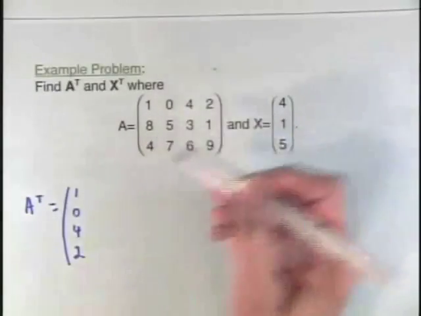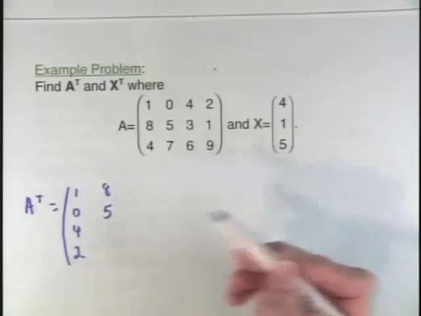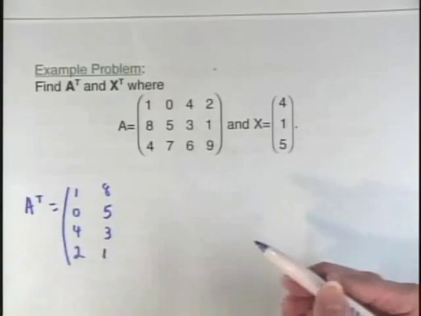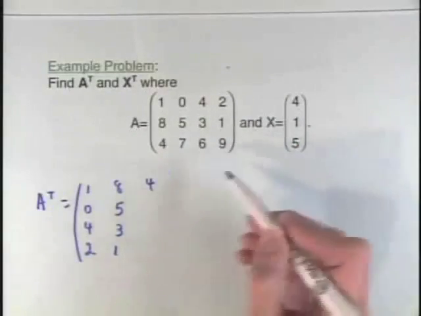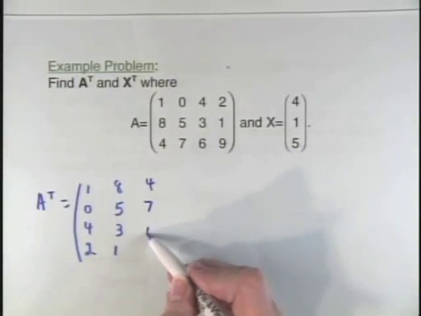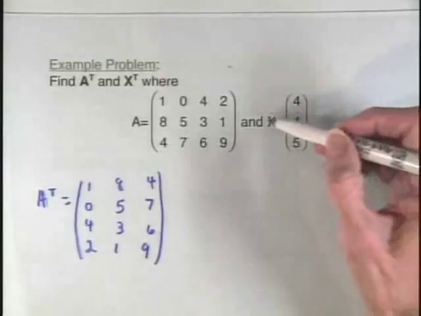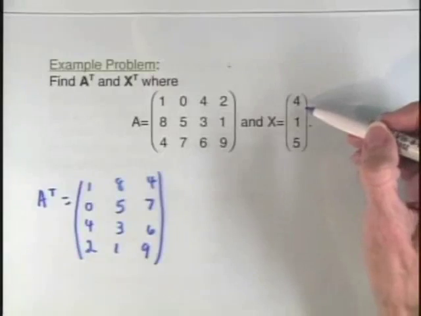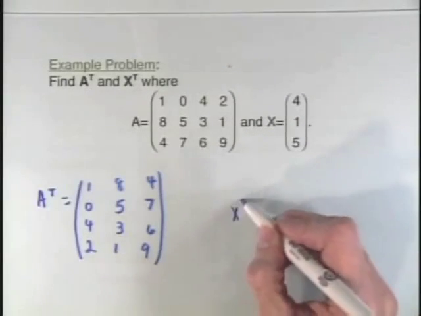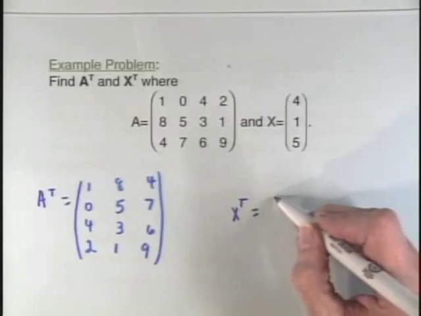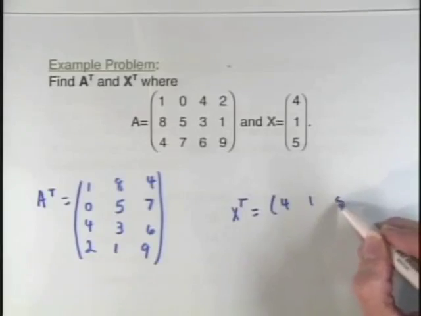The second row becomes the second column, 8, 5, 3, 1. The third row becomes the third column, 4, 7, 6, 9. Matrix X is equal to the column matrix 4, 1, 5, so that X transpose becomes a row matrix 4, 1, 5.